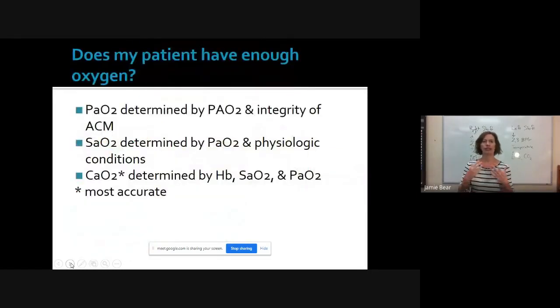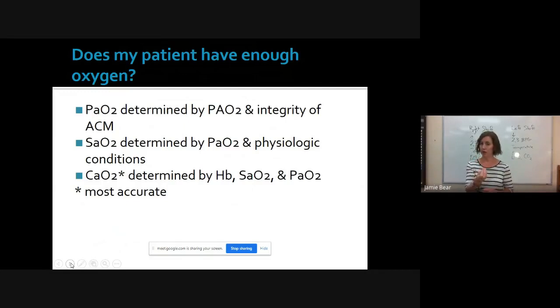So if we're asking, does my patient have enough oxygen? We have to look at different layers. Let's look at our PaO2, our arterial oxygen pressure. First of all, is there enough oxygen pressure in the alveoli? And how is the alveolar capillary membrane?